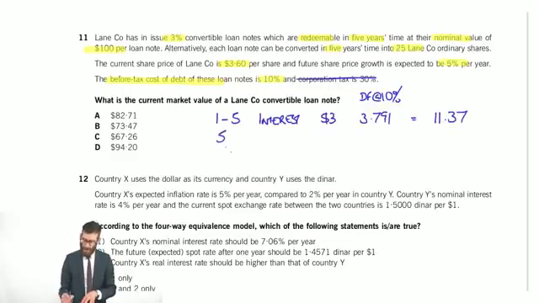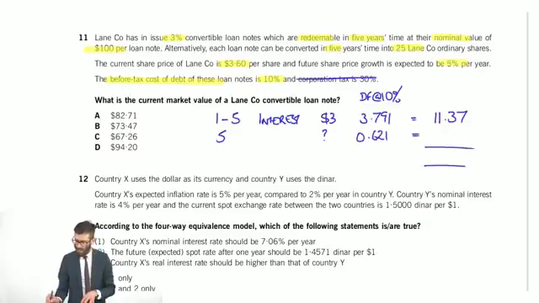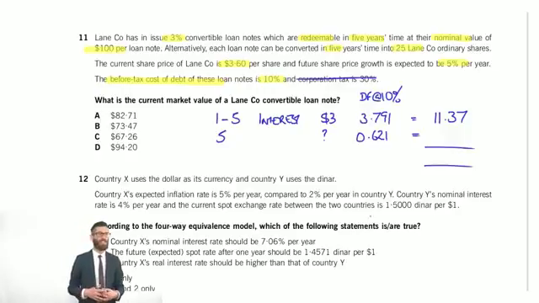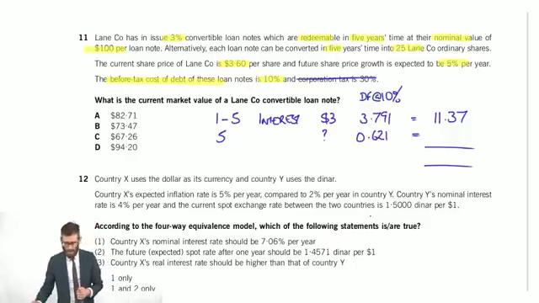And then in year 5, we do not know, but we're going to discount using 0.621, which will give us a figure that will enable us to establish the value of this loan note.